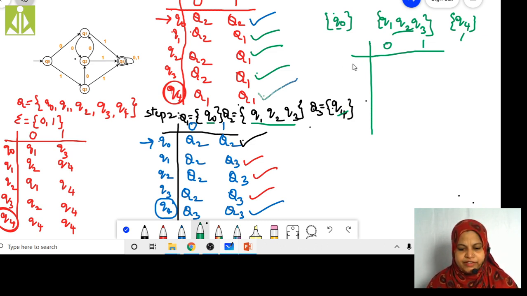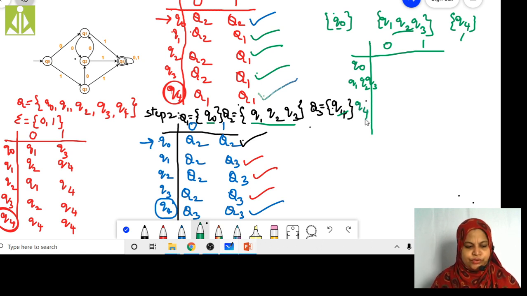Here, first is Q0, second is Q1, Q2, Q3, third one is Q4. Right? Which one is the initial state? Q0 is the initial state. Initial state is not going to change. Which one is the final state? Q4 is the final state. Final state is Q4. Right?